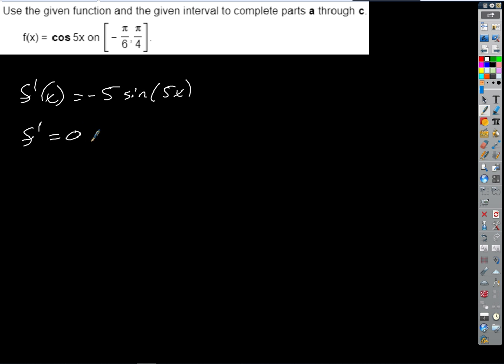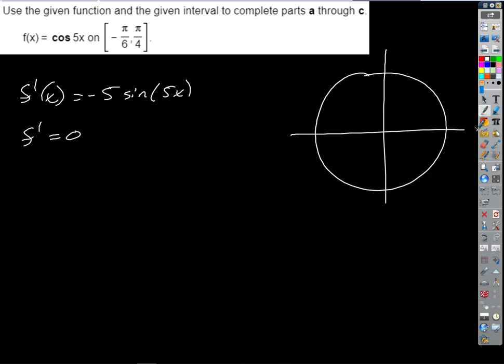It equals 0 when? When does sine equal 0? Think about a unit circle here. Sine is the y coordinate, right?